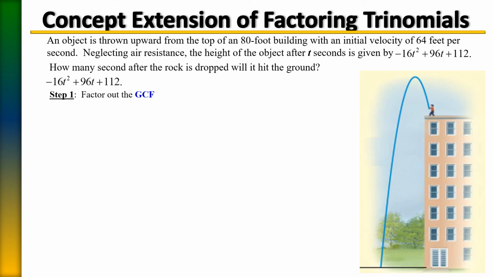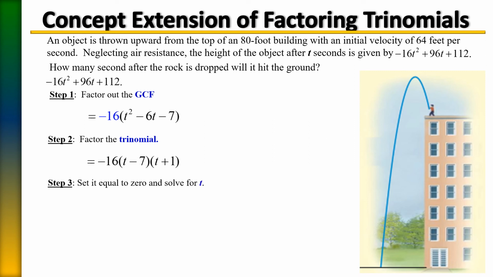When we factor that trinomial, it's going to factor into t minus 7 times t plus 1 with our GCF on the outside. Last step for the zero factor property is to take each parentheses and solve for t. So that would mean t equals 7 and t equals negative 1.